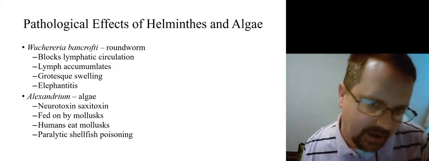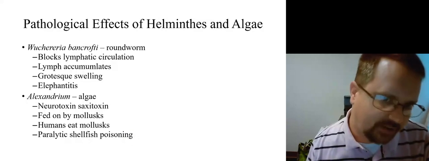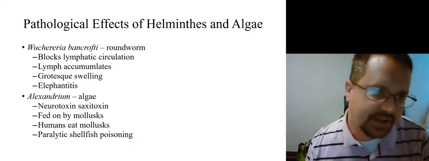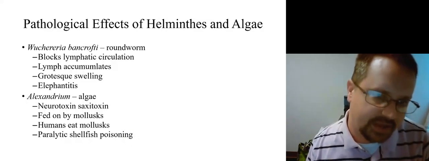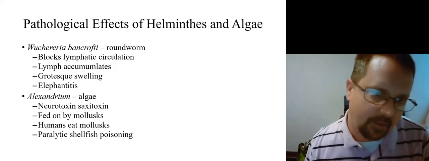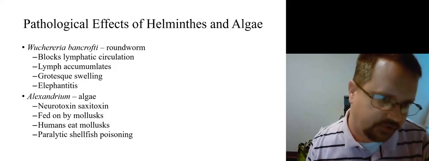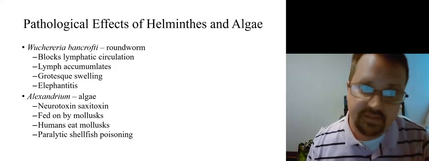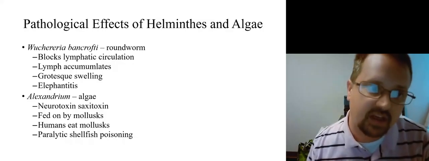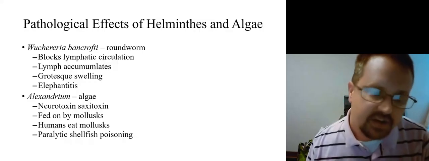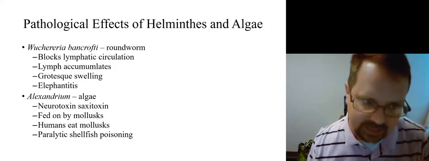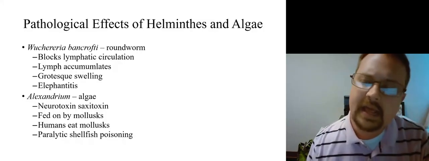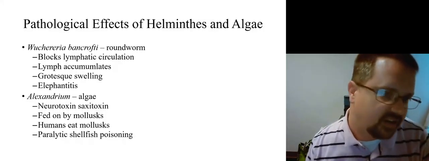Not my main area of expertise. I took invertebrate zoology and learned many of these species and what they did, but I always wanted to take a parasitology course. They block lymph circulation, so lymphocytes, we call that elephantiasis, grotesque swelling. I'm not going to show really nasty pictures of elephantiasis yet. I think I have some in the diseases section.